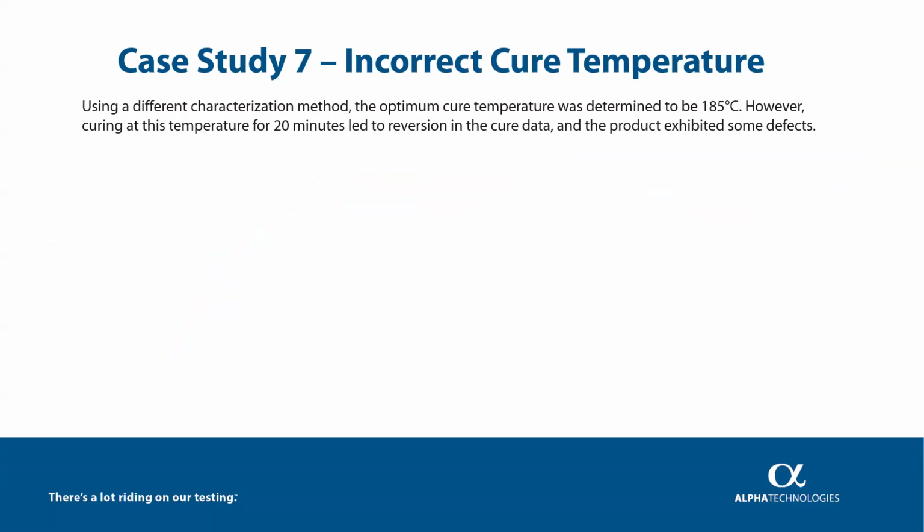All right, so in case study 7, we are focusing on non-isothermal cure testing, also known as variable temperature analysis, which is VTA. The customer had originally used a different characterization method to determine the optimal cure temperature, which they identified as 185 degrees C. And based on that, they continued conducting cure tests at 185 degrees C. However, at this temperature, curing for 20 minutes led to reversion in MDR cure data, and the final product showed defects.